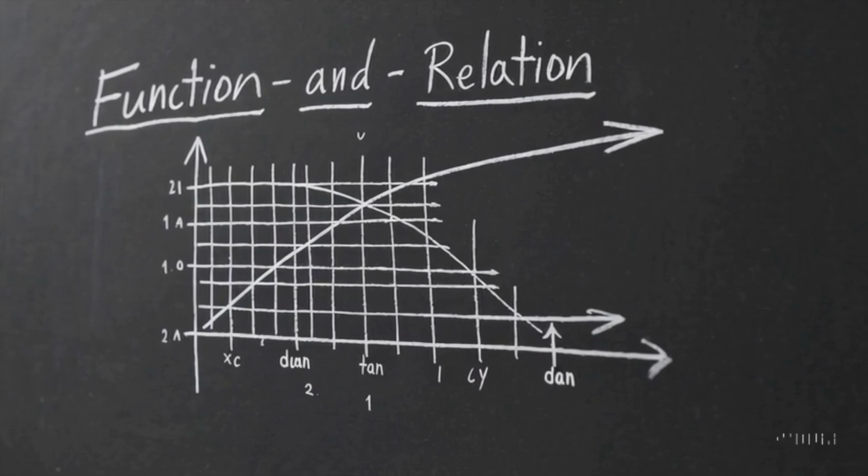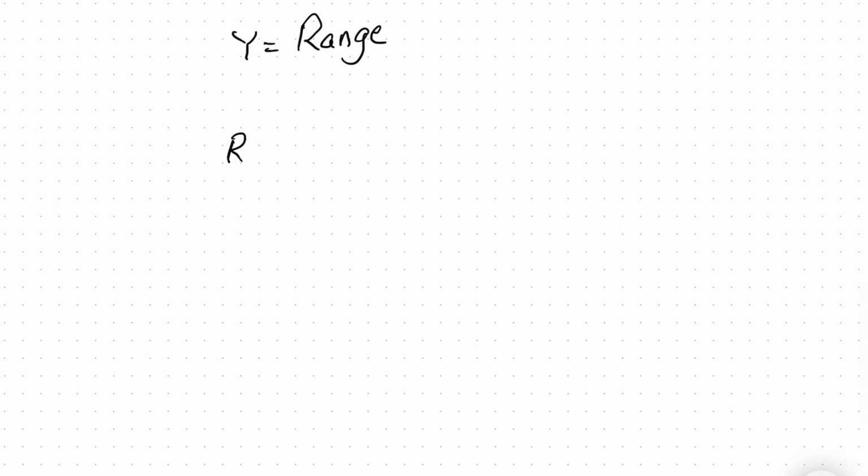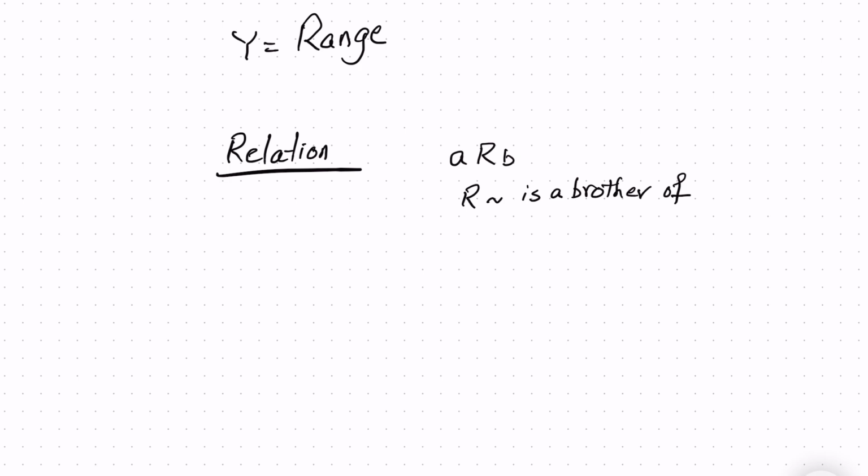So when we say a relation in general, for example, if I say that A is related with B, and this R means that is a brother, so A R B will mean that A is a brother of B. So you get some idea about the relation, right?